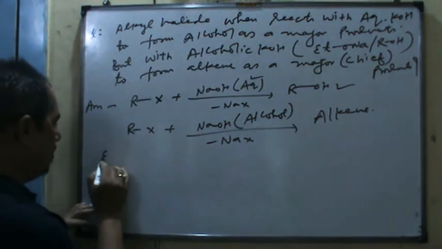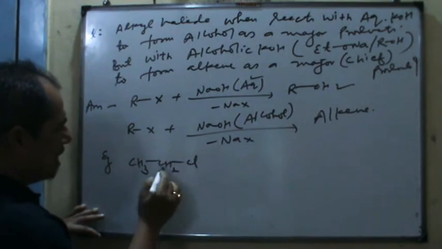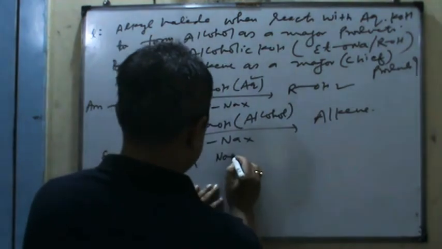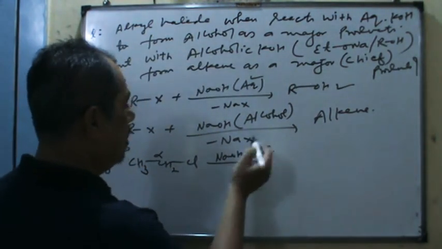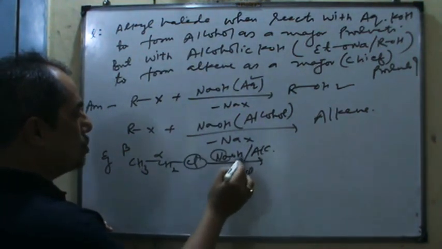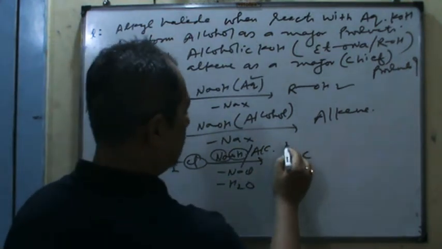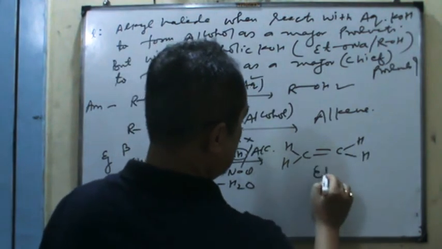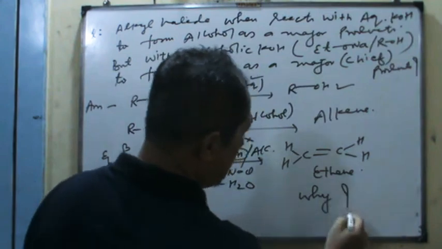For example, CH3CH2Cl. It is the alpha and it is the beta. I take NaOH in presence of alcohol, minus NaCl is lost, OH and H is lost. CH2 double bond CH2, what is this? Ethene is formed.